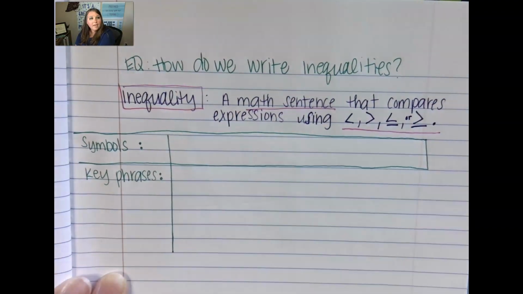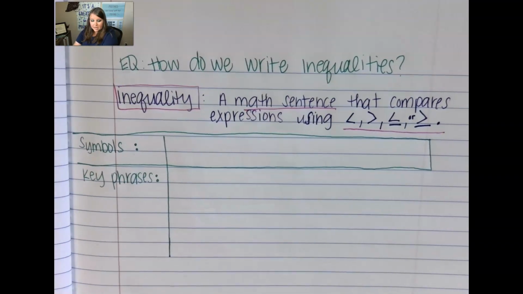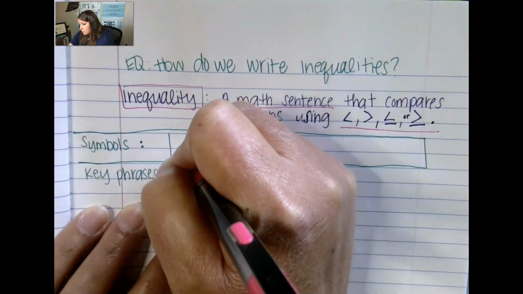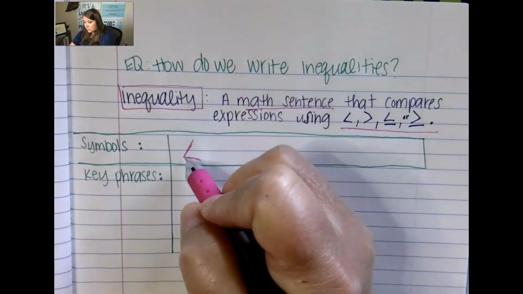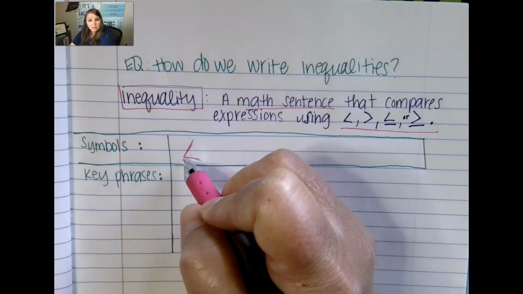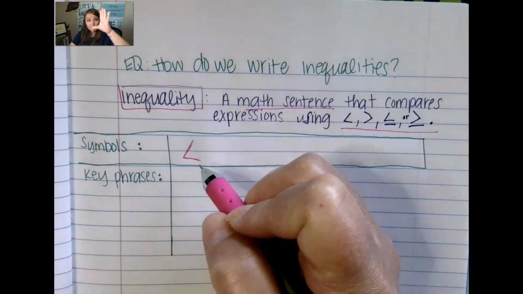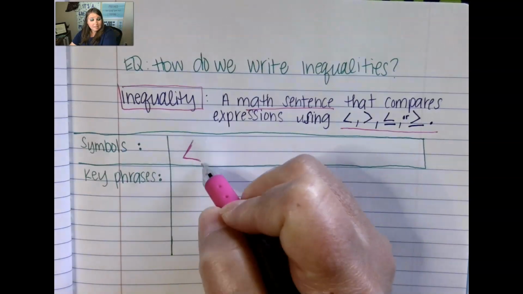Okay, so the first symbol that we're going to look at is the less than symbol. It looks like the smaller end right here comes first, the lesser end. This is the big side. It's open. So that's the greater than, this is a big side.